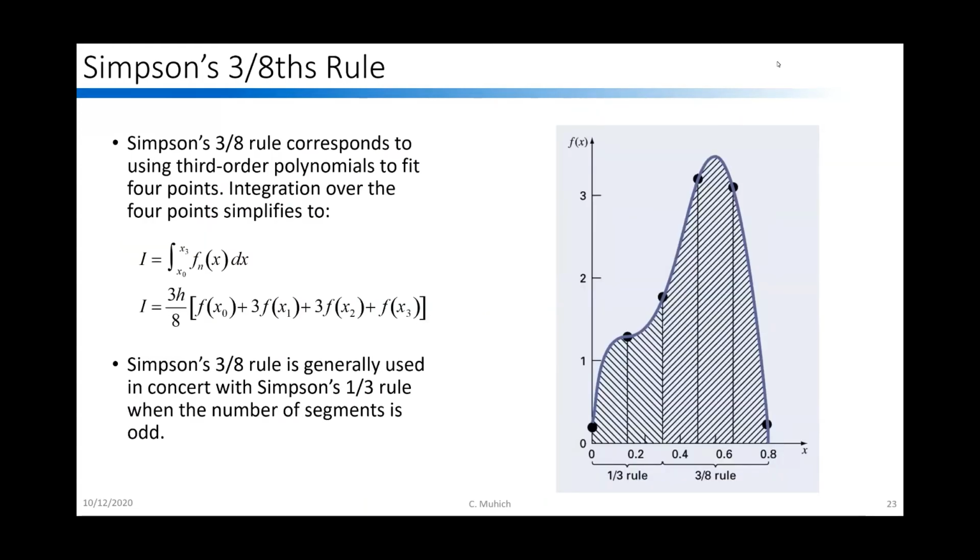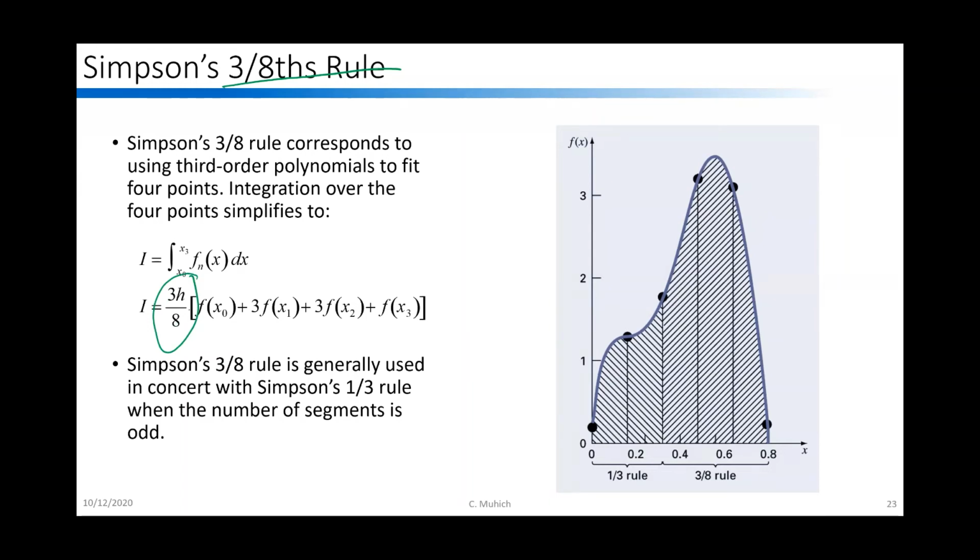If I want to improve my estimation further, I can go to the next higher order polynomial, where instead of using a quadratic equation, I can use a cubic. In this case, it's called Simpson's 3/8 rule. As before, the Simpson's 3/8 rule comes from the fact that we end up with this 3h over 8 out front.